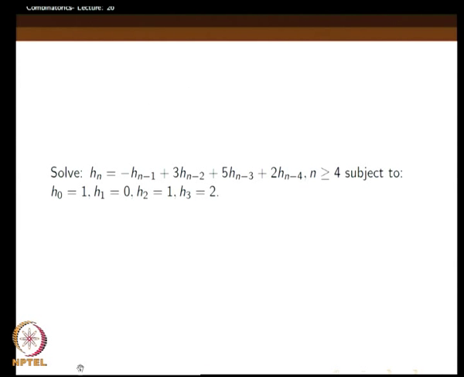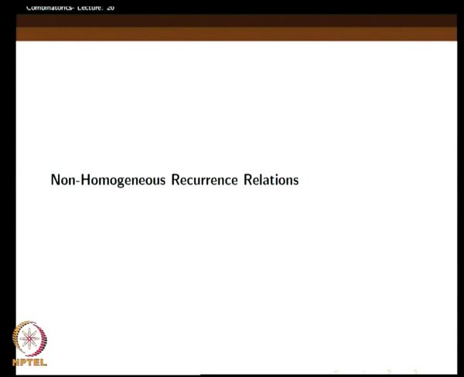So, we will look at the next section, non-homogeneous recurrence relations. What is this non-homogeneous recurrence relation? In the previous case we were considering the homogeneous case, where that Bn part was 0.